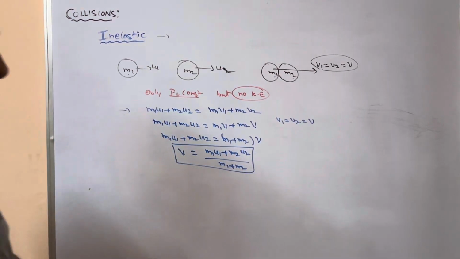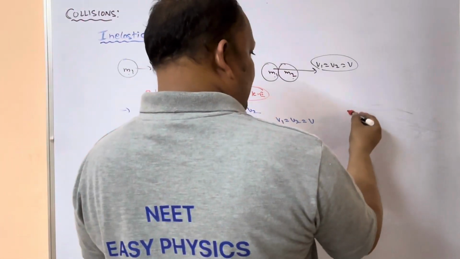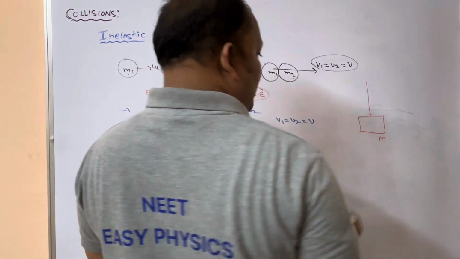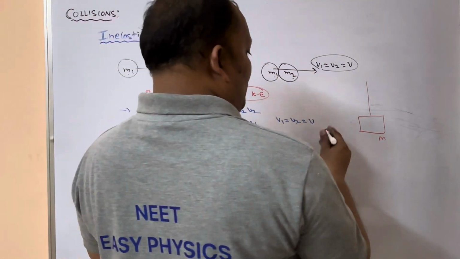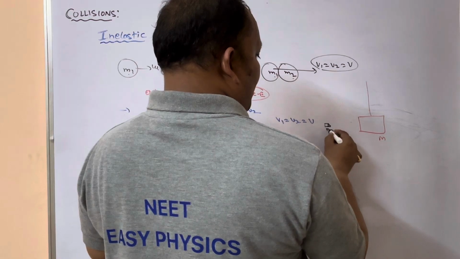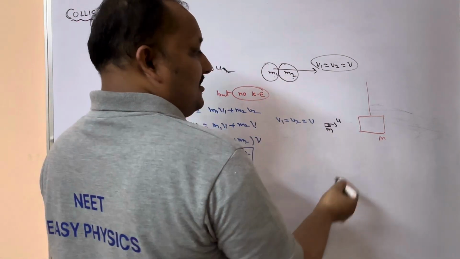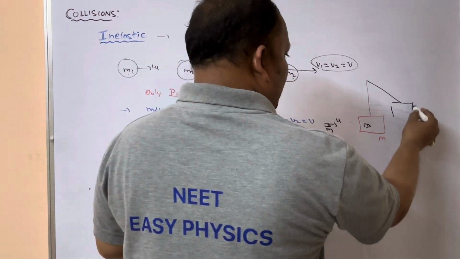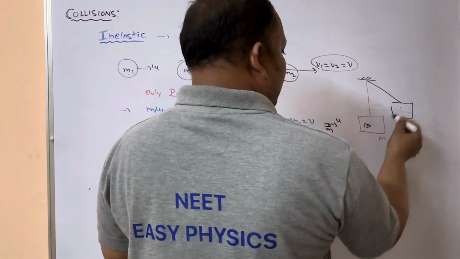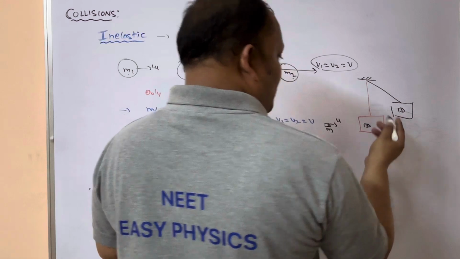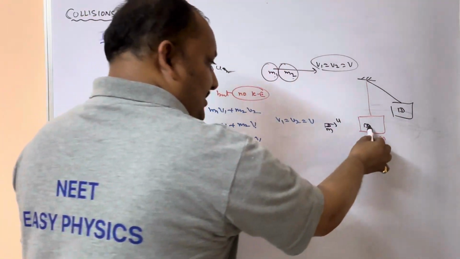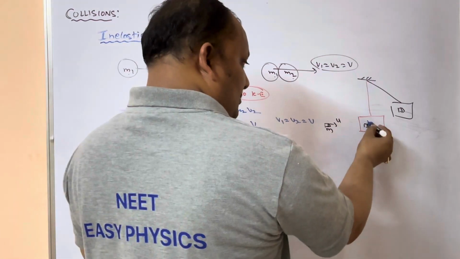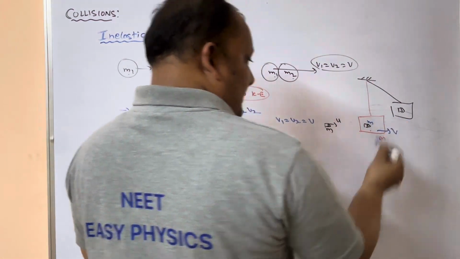How will they ask this collision concept in the exam? A wooden block of mass m is suspended, and a bullet of mass m is fired with initial velocity u. After hitting, the bullet is embedded in the block, and both the bullet and the block rise and move with a common velocity.